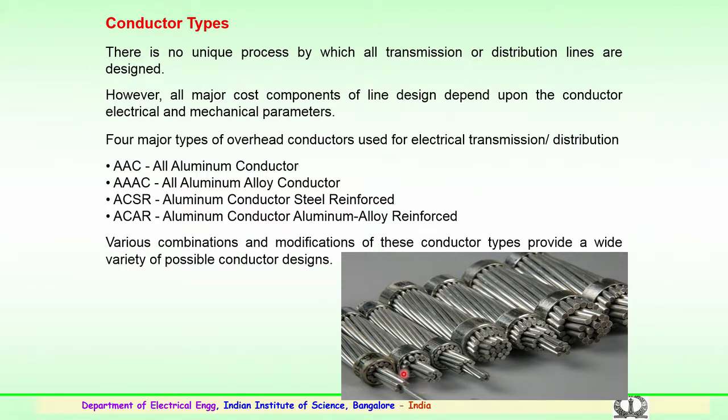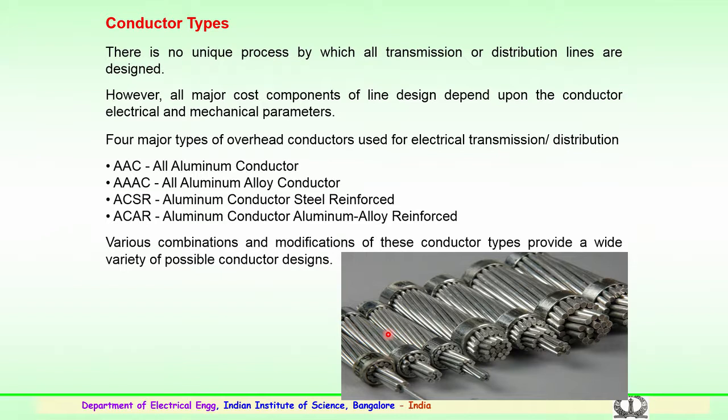So, there are 4 major types of overhead conductors mainly used for transmission and distribution, for medium, low voltage or high voltage systems. They are AAC, that is all aluminum conductors. The second is AAAC, that is all aluminum alloy conductors.